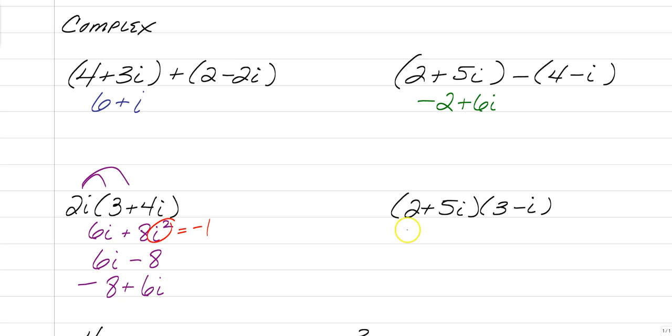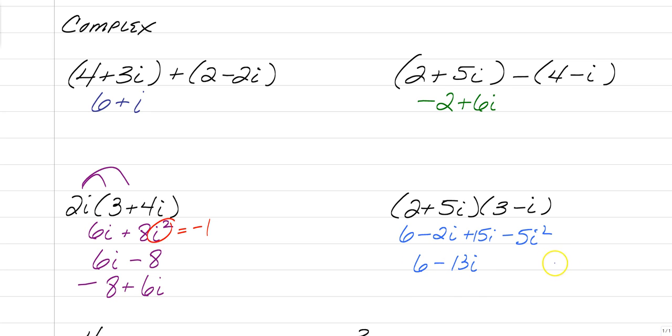So you would have done 2 times 3, which is 6. And then 2 times a negative i, which is a negative 2i. 5i times 3 is a 15i. And negative i times a positive 5i is a negative 5i squared. So we can combine our like terms in the middle, and we have 13i.